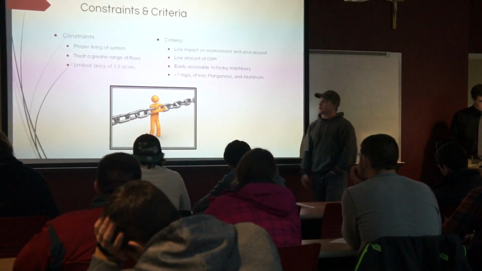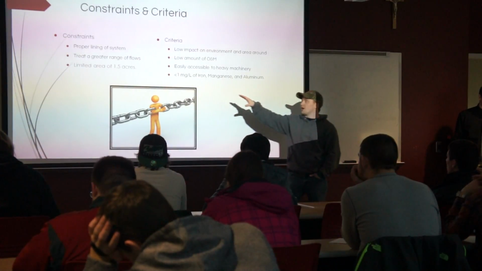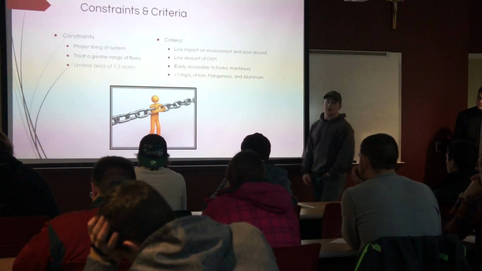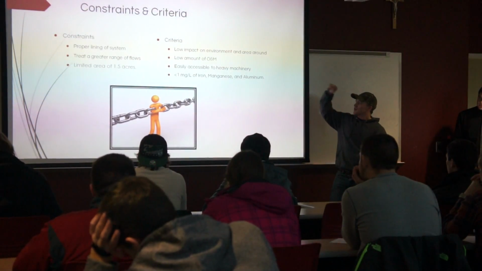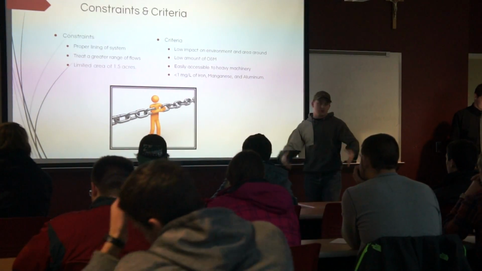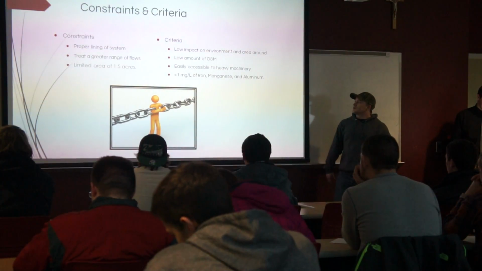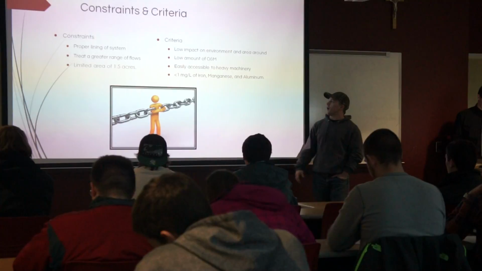Some constraints and criteria: we would like to properly line the new system and treat a greater range of flows. We're also limited to 1.5 acres, which is where the current system sits.